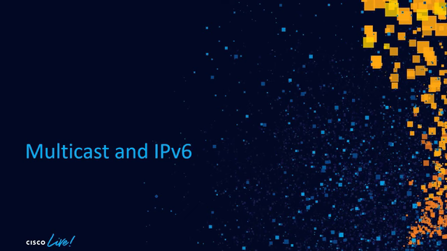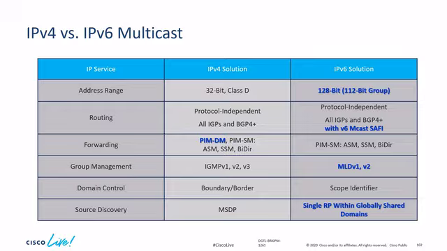We don't have a lot to talk about when we talk about multicast and IPv6. Well, I need to correct that. We have a very large amount to talk about when it comes to IPv6 and multicast. Unfortunately, in an intro breakout, it's a little difficult to talk about IPv6 multicast. Whereas IPv4 sees multicast as a kind of add-on solution, IPv6 has multicast baked right into the protocol.